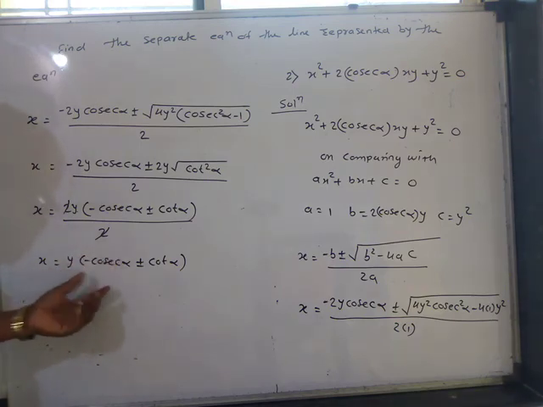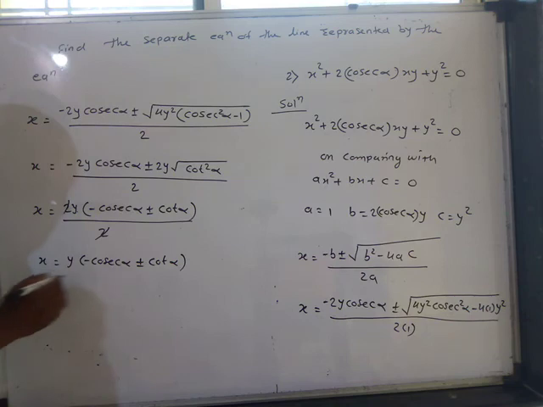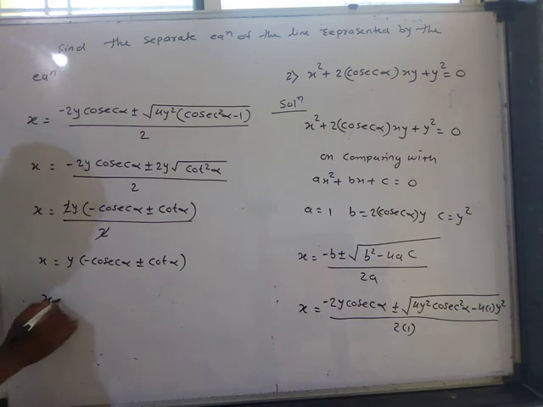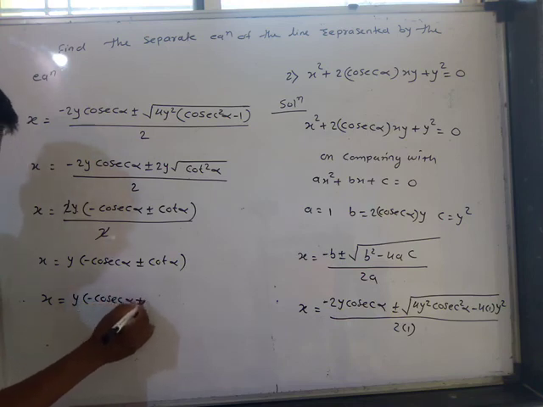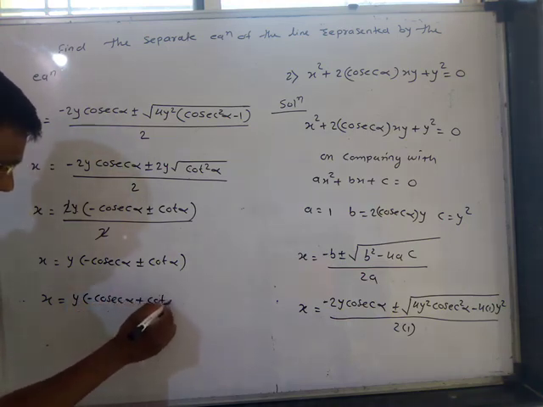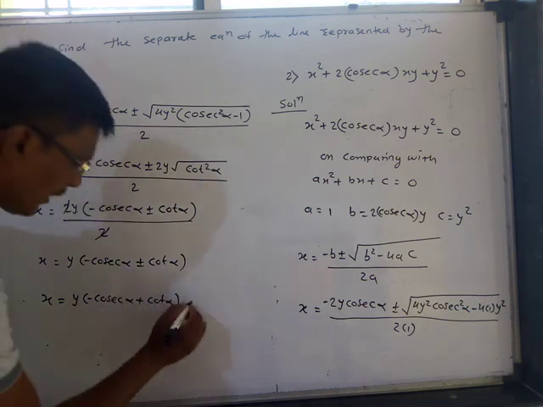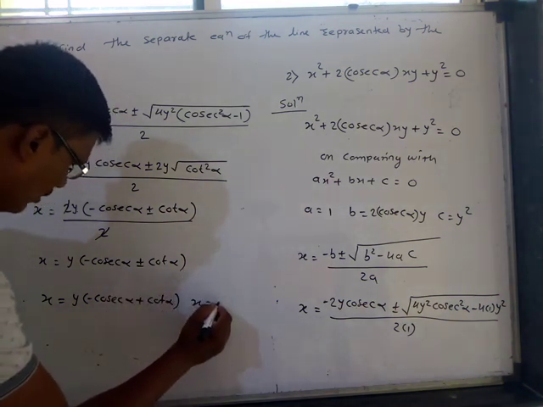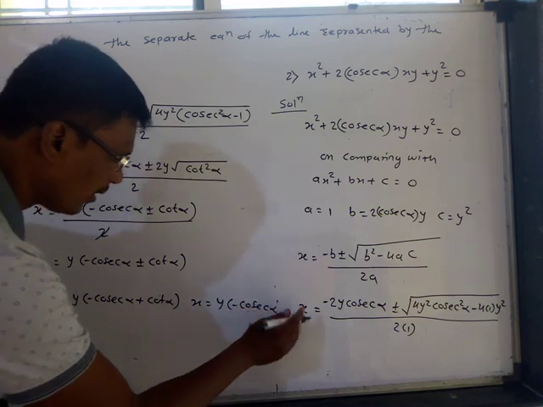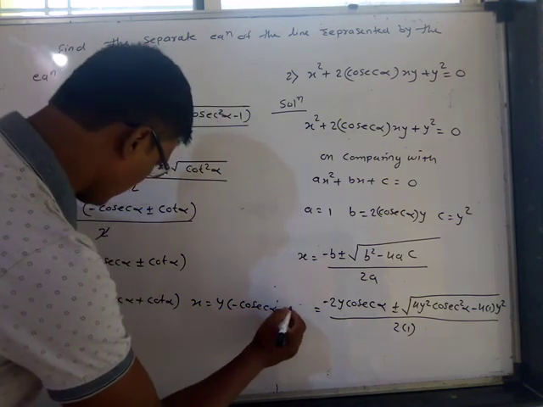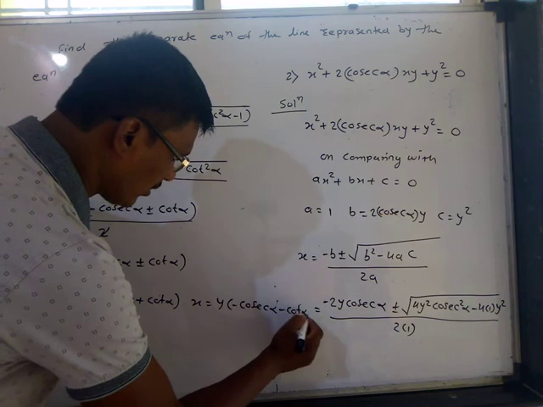So x is equal to y into minus cosec alpha plus cot alpha, and the other is x is equal to y into minus cosec alpha minus cot alpha.